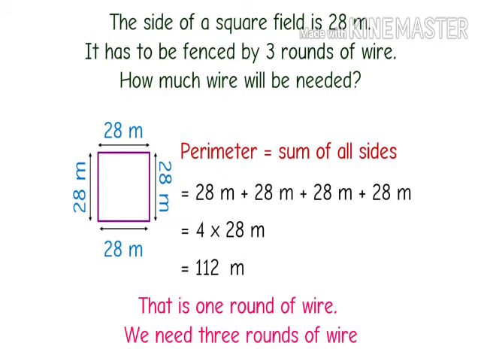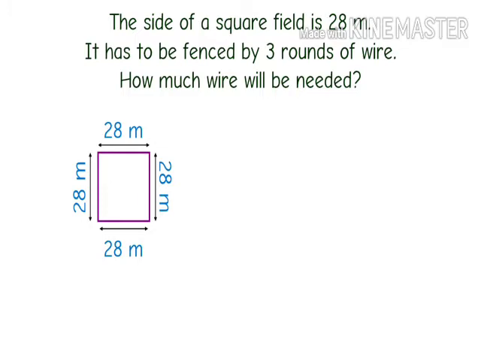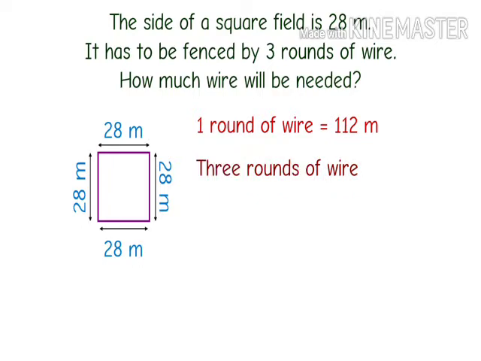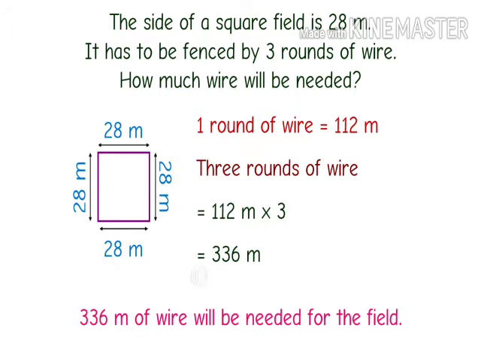We need 3 rounds of wire. 1 round of wire is equal to 112 meters. 3 rounds of wire is equal to 112 meters multiplied by 3, is equal to 336 meters. Therefore, 336 meters of wire will be needed for the field.